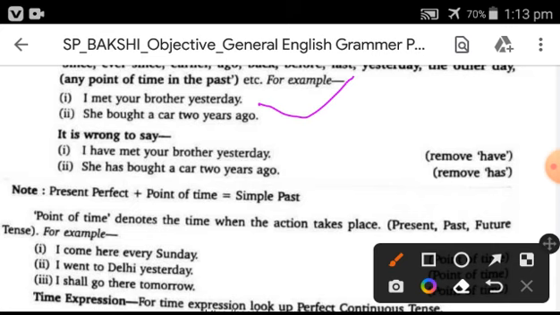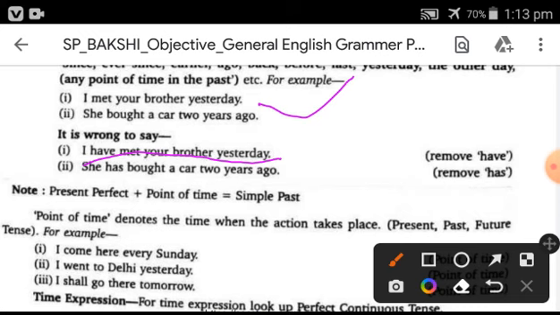Here are also some written statements to make it clearer. I have met your brother yesterday. It is wrong, and it can be corrected by removing have from this sentence.